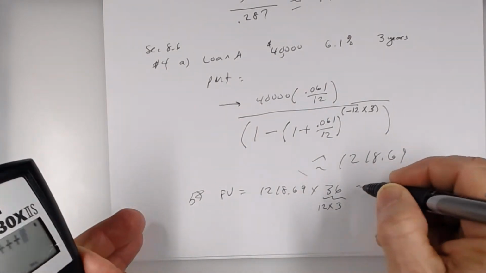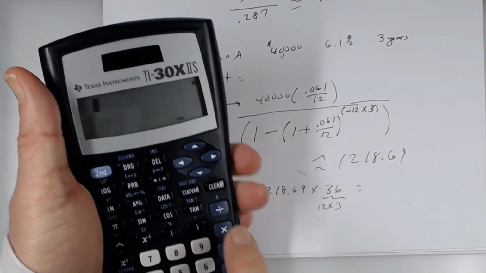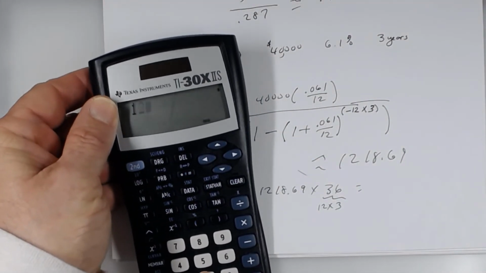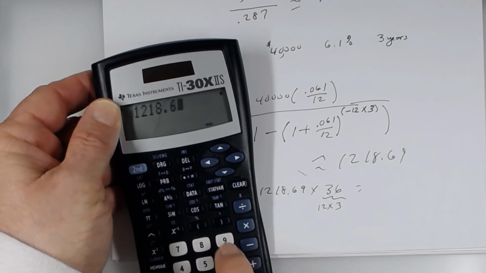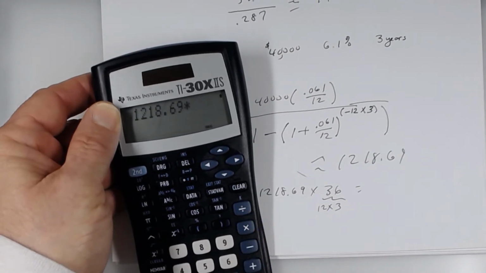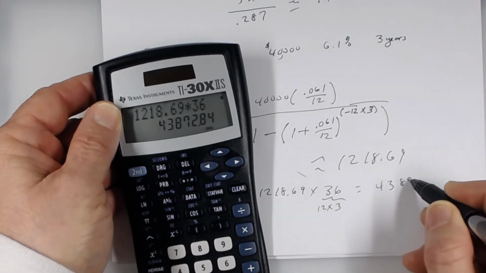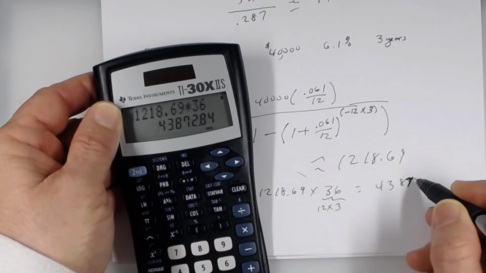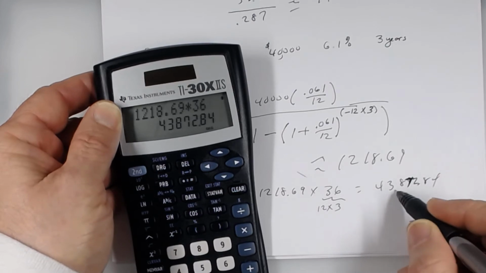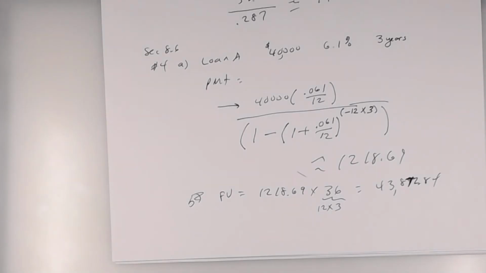And so in your calculator, that becomes $1,218.69 times 36 equals 43,872.84. So $43,872.84.